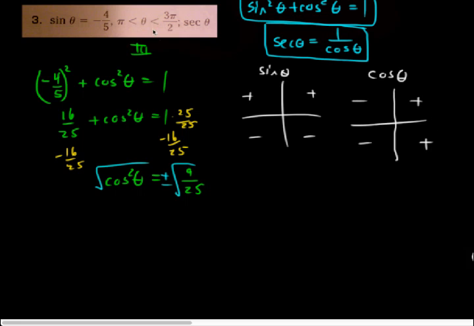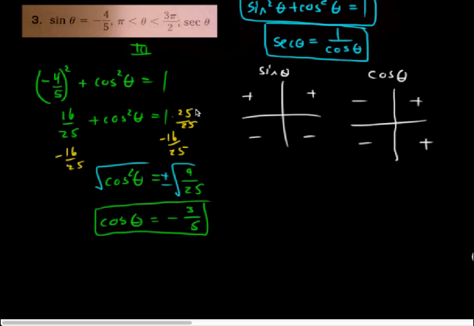So since we're in the third quadrant from this angle restriction, I'm going to specifically choose just the negative value here because of that angle restriction. So cosine of theta is going to equal the negative square root of 9 is 3, and square root of 25 is 5. So here's cosine of theta.